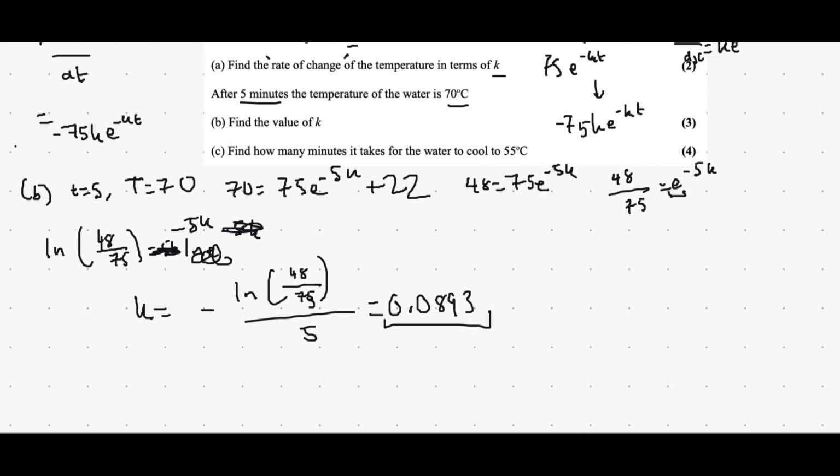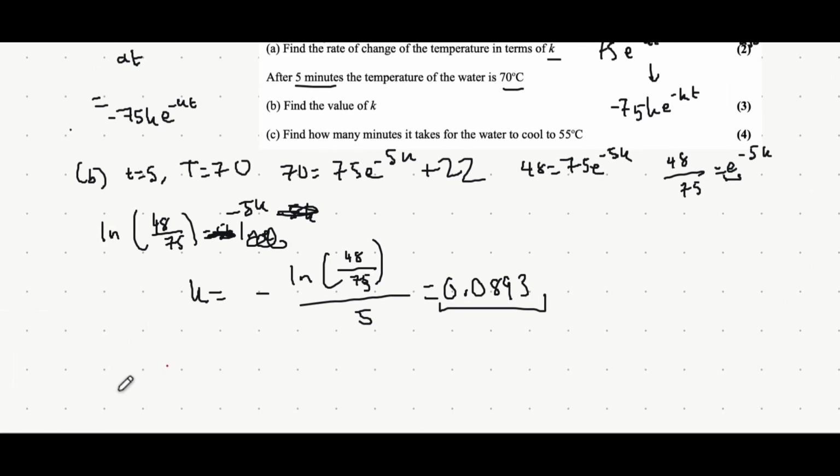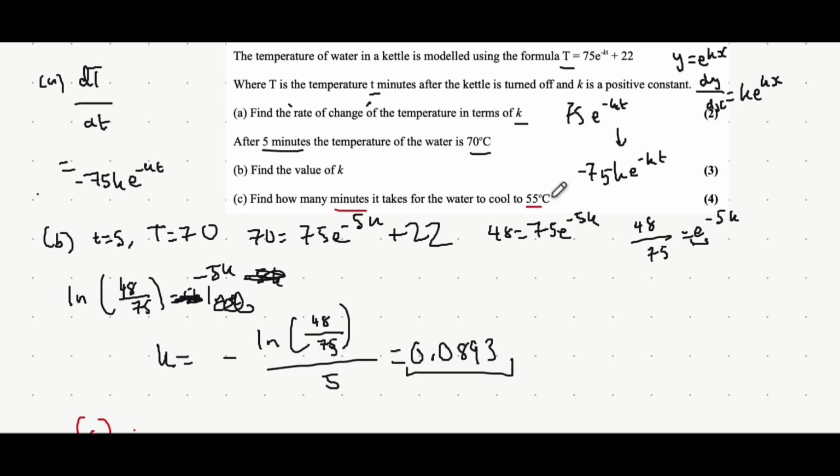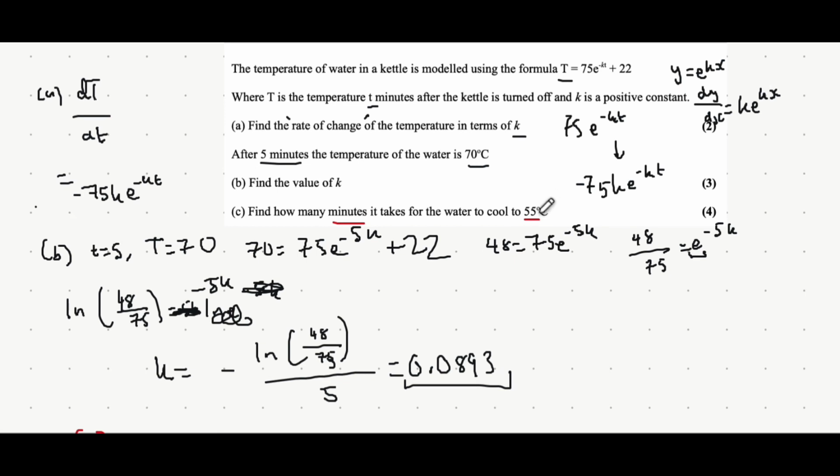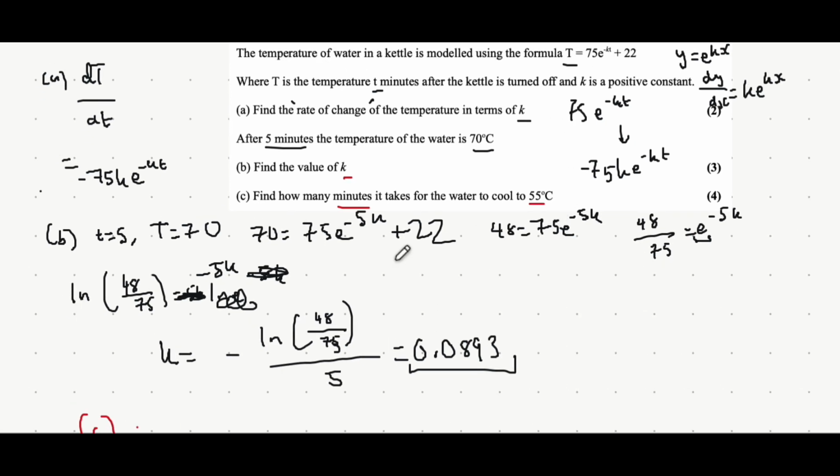Let's now have a look at part C. And I'm just going to change the color of the pen because it's getting a little bit monotone. What we want to find is how many minutes, the value of t, when the temperature capital T cools to 55. In order to do that, we're going to replace capital T with 55, and we're also going to use the value of k that we just found as our constant, because that is a constant throughout the whole equation.